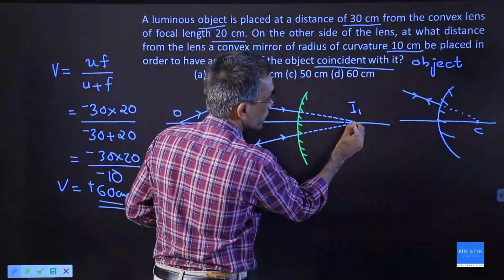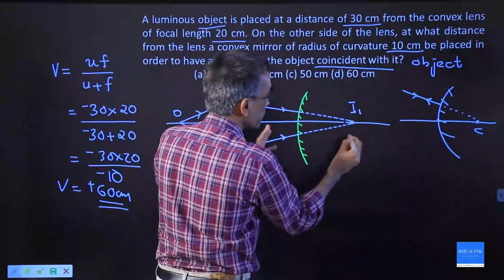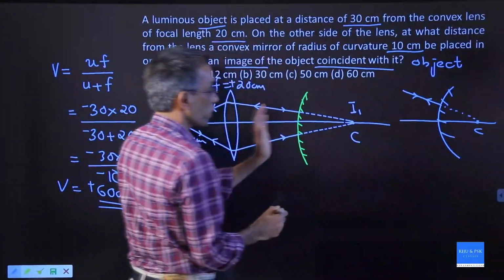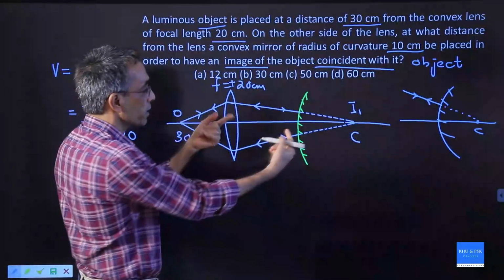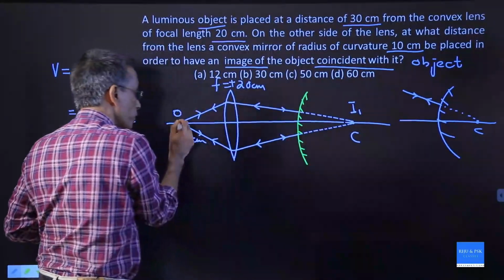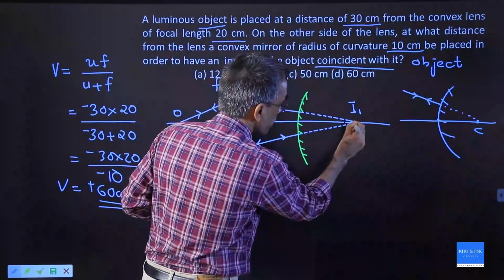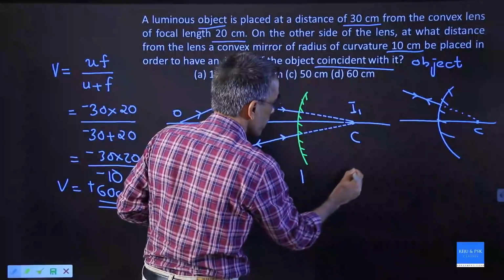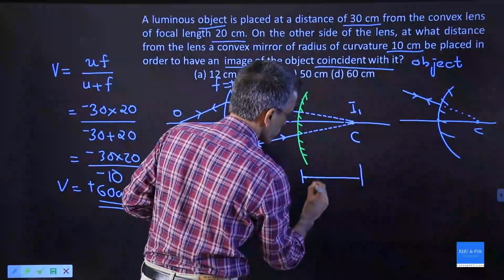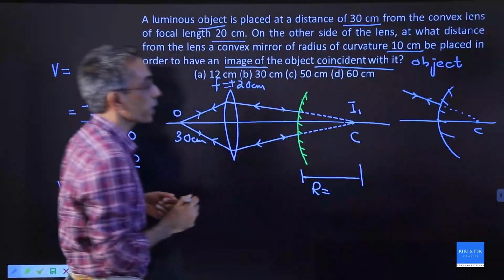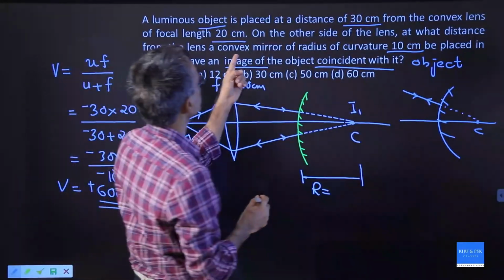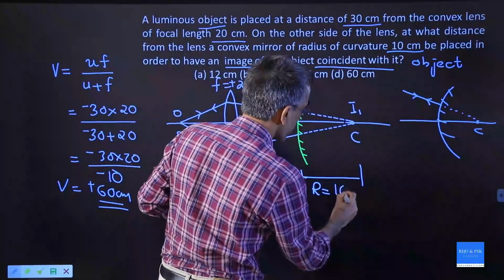The position of the first image here must be the center of curvature of your convex mirror. Only then the light can go reverse and form the image at this same point. So the distance between the first image point and the mirror must be equal to the radius of curvature of the mirror, and the radius of curvature of the convex mirror is given as 10 centimeter.